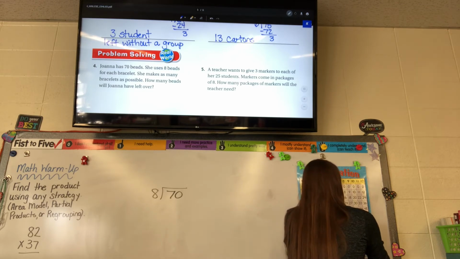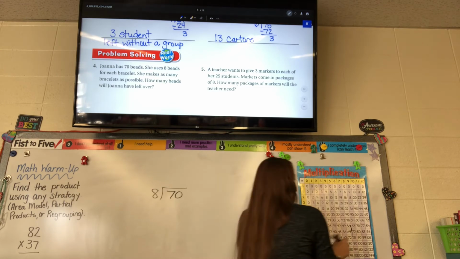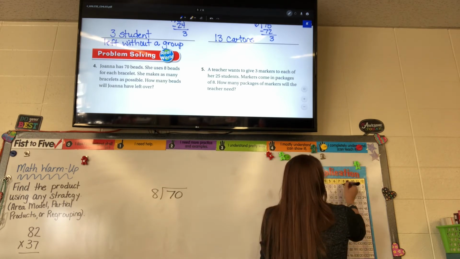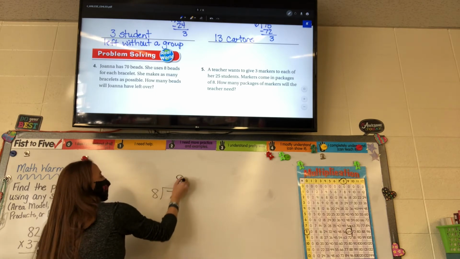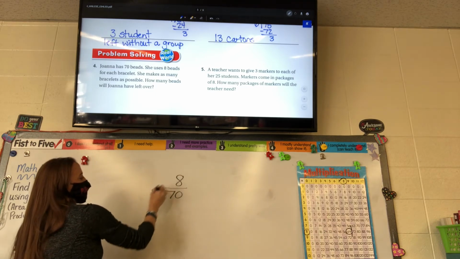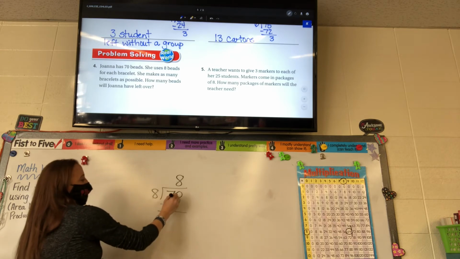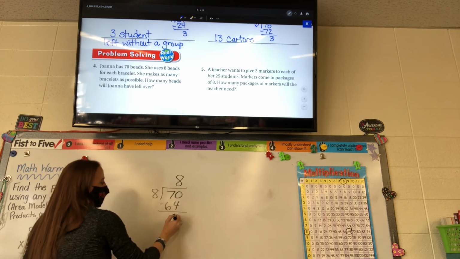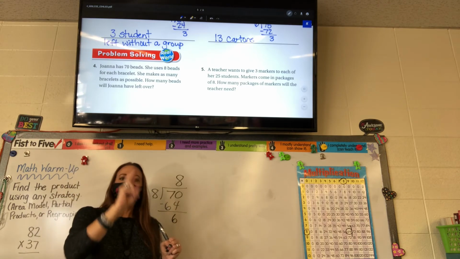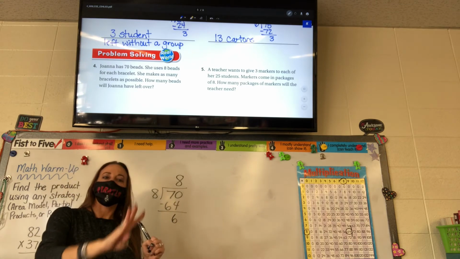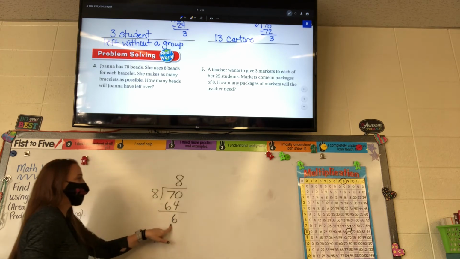And that would be between 64 and 72, right? Look to the left, circle, go up, circle. How many bracelets can she make? 8. 8 times 8 is 64. 70 beads minus the 64 that she used is 6. 64, 65, 66, 67, 68, 69, 70. So that's 6 left over.